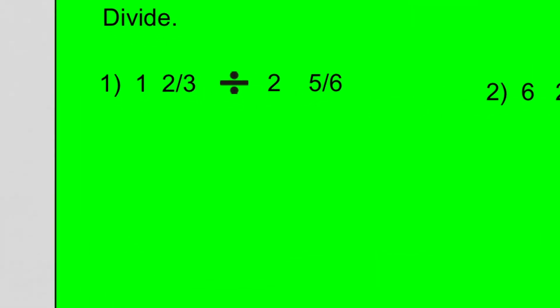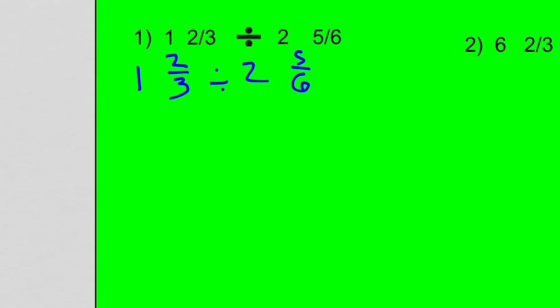So if you look at the first one here, I'll rewrite it. It's 1 2/3 divided by 2 and 5/6. And you have to change both mixed numbers into improper. So 3 times 1 is 3, plus 2 is 5/3. 6 times 2 is 12, plus 5 is 17/6.